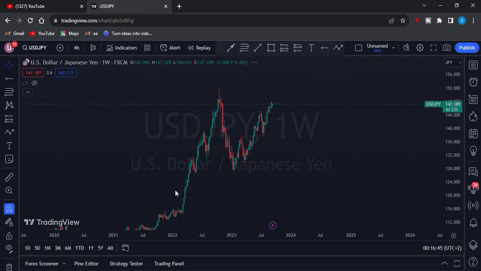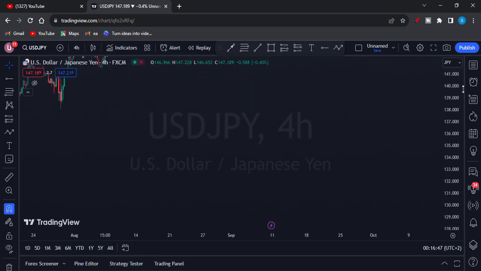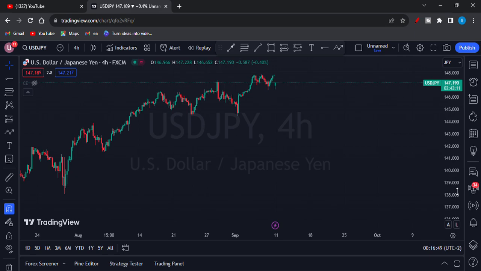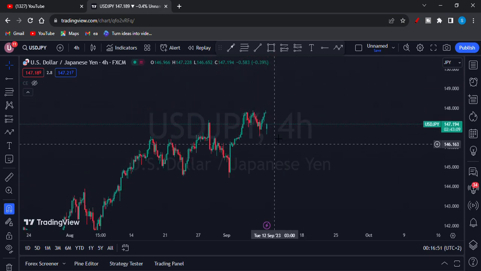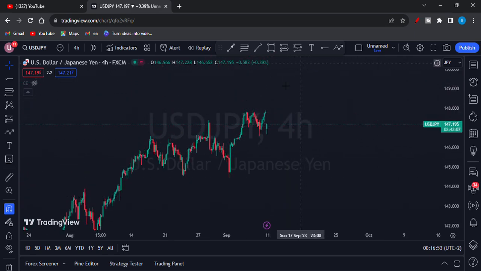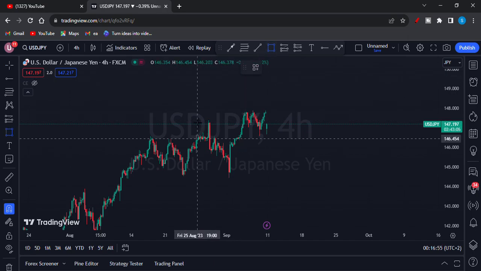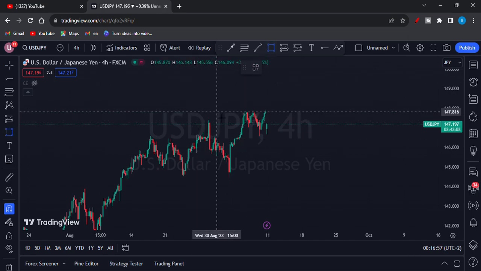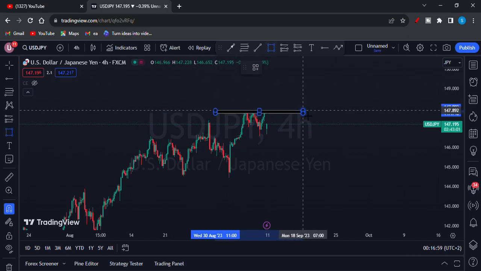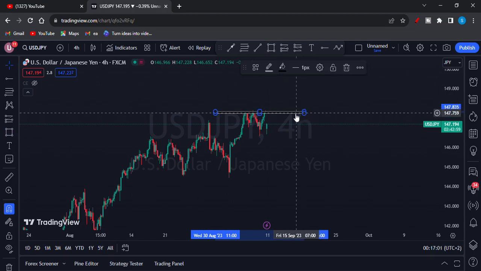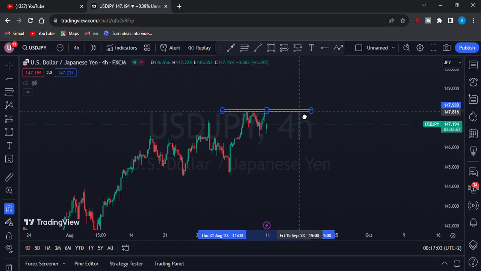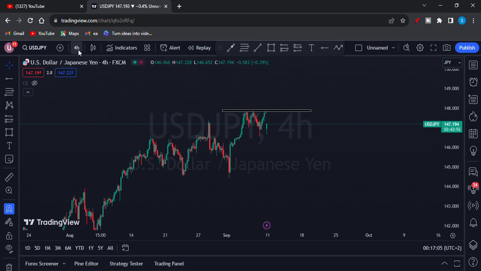And then let's go to our 4-hour. On a 4-hour, we have this resistance area right there. So let's go to hourly.